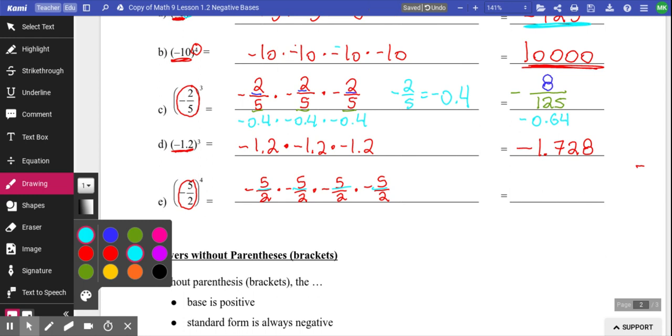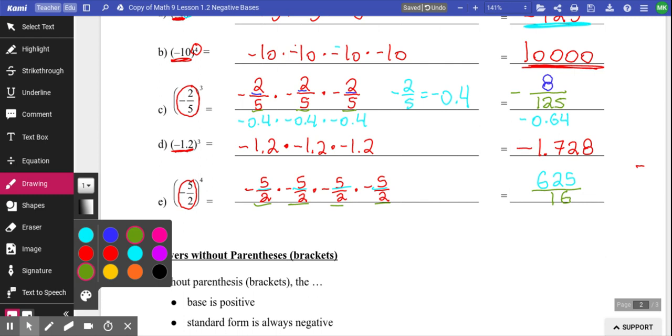It's 625, over 16. And then you would go 2 times 2 times 2 times 2 to figure out the bottom, which is 16. And it would be positive because there was an even exponent on it.